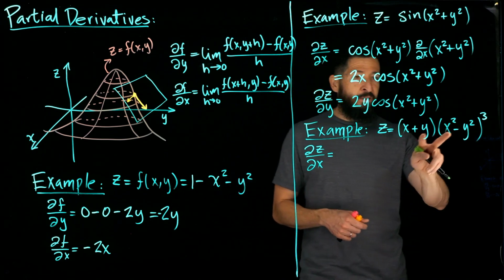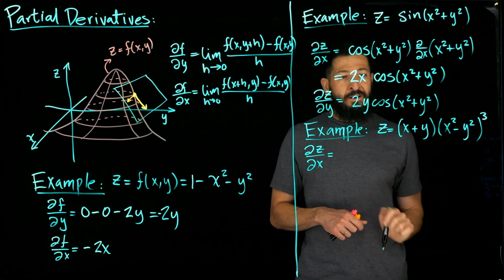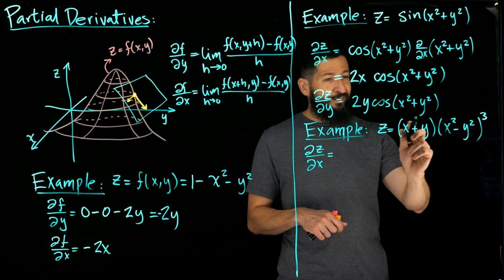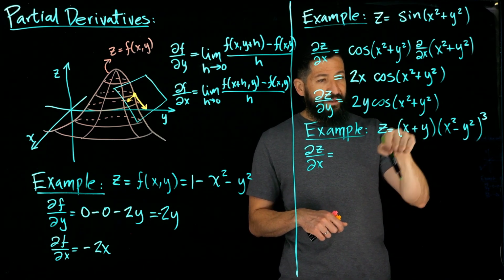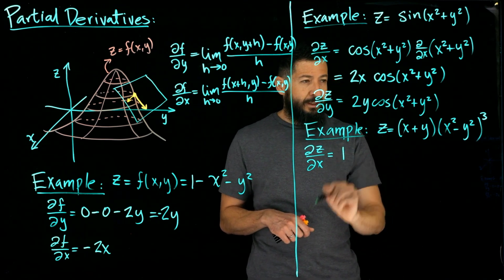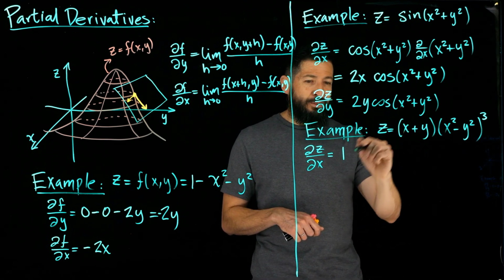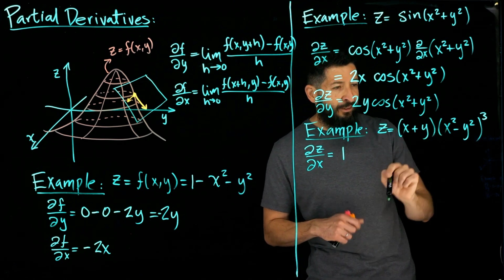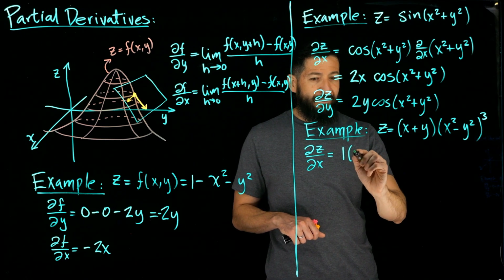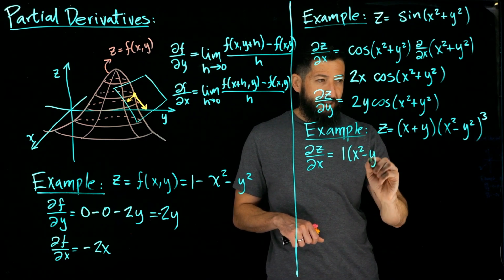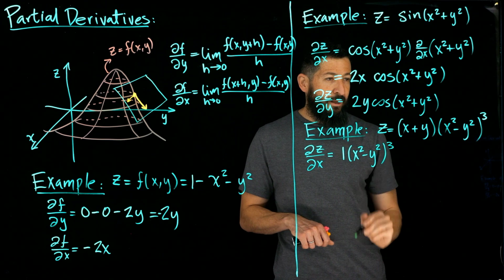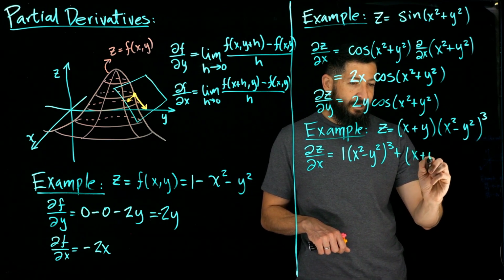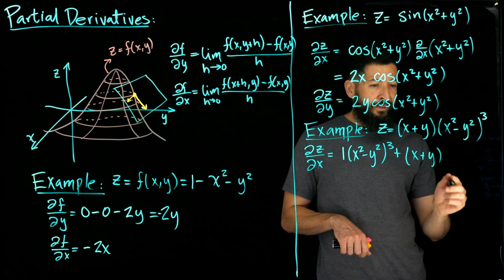So again, you have a product, so you start with product rule. So you get derivative of the first, which is this guy, with respect to x. So right here, partial of x with respect to x is 1, plus partial with respect to x of y, that's 0, because we're considering this one a constant, times the second, plus, then you're going to copy the first, and then take derivative of this one.